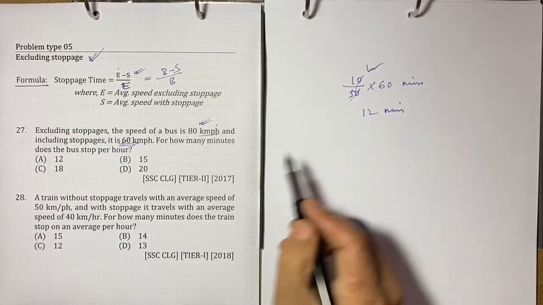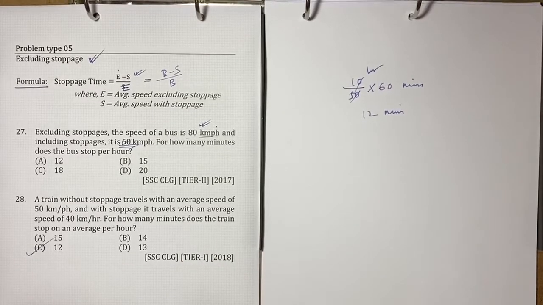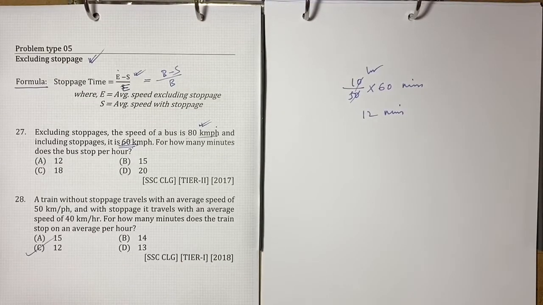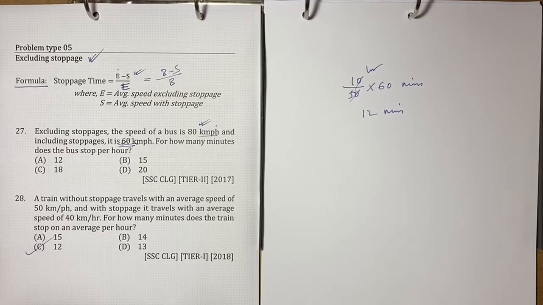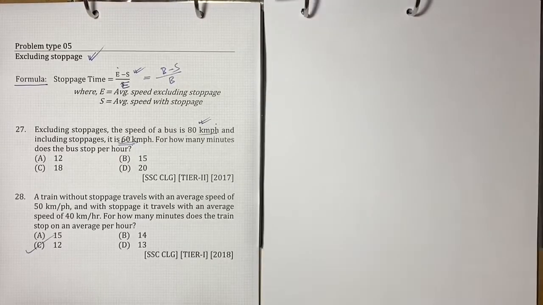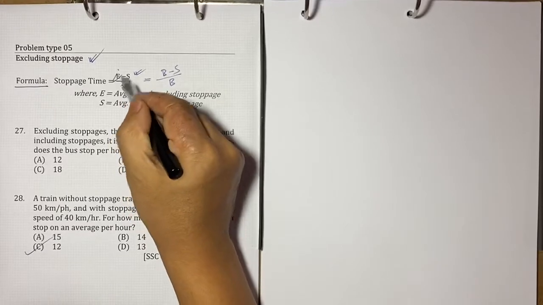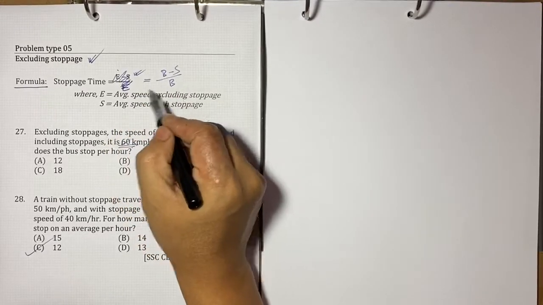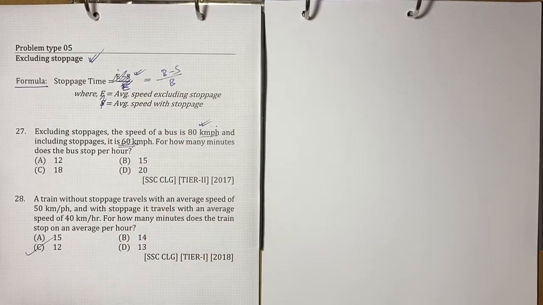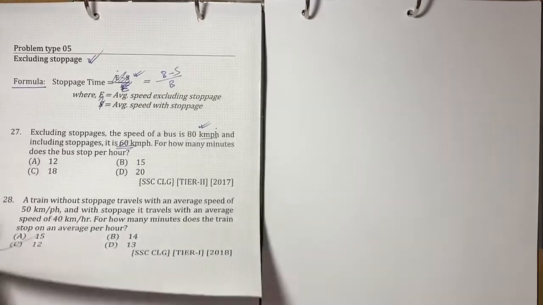So the formula is big minus small divided by big.